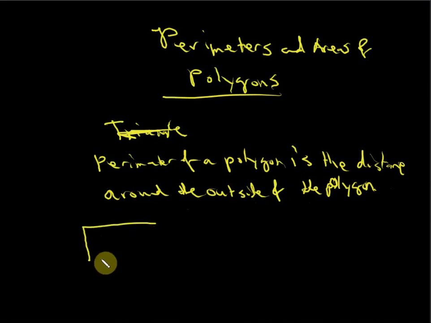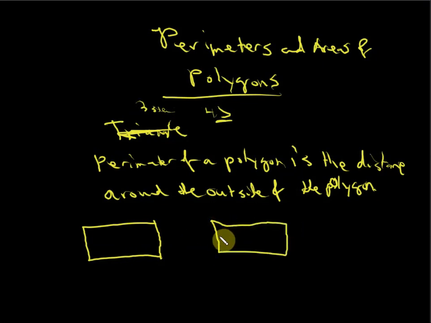So usually when we talk about polygons, we're talking about three or more sides. A triangle has 3 sides, and then 4, we'll say 4. So when we talk about perimeters, P is for perimeter, and this is area.